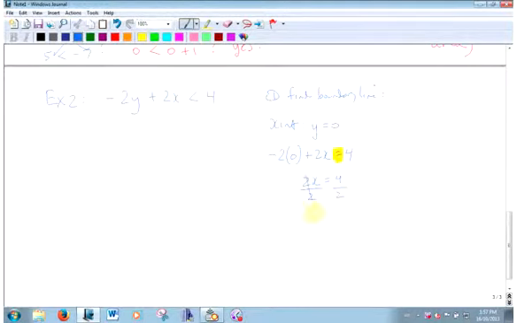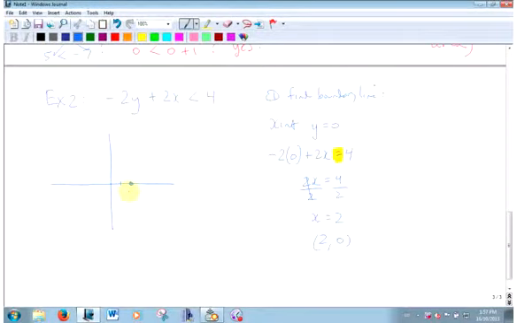So x is 2. What are the coordinates of that? That's 2, 0, because y was 0. So there's 1 point, 1, 2, and 0.